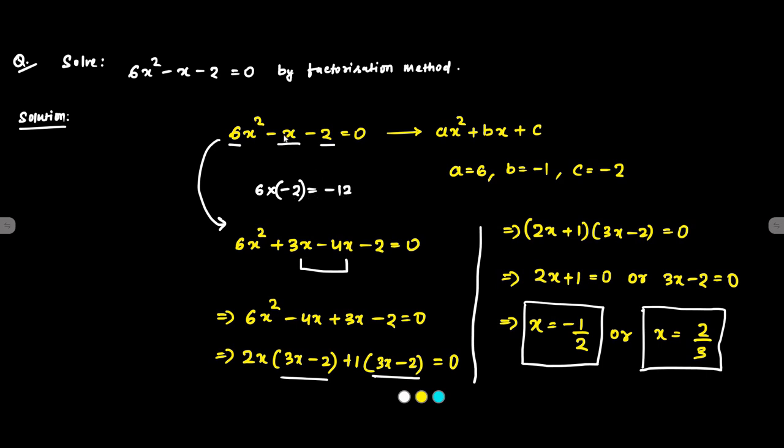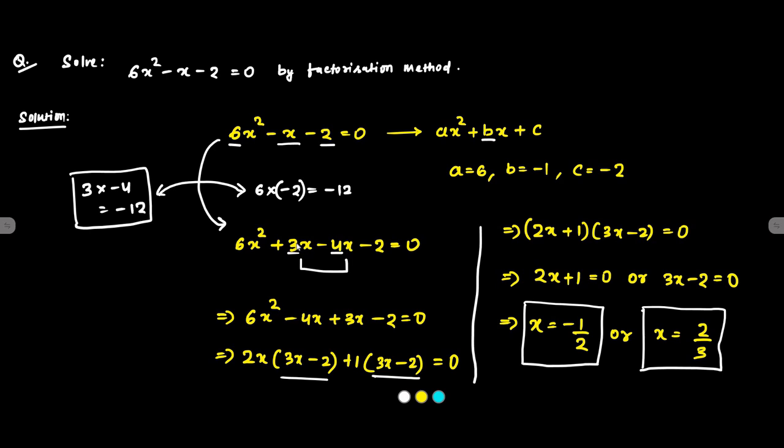Now we have to split this middle term, that is b, in such a way that the product of the two split terms, that is 3 and minus 4, is also minus 12. See, 3 into minus 4 is also minus 12, and 6 into minus 2 is also minus 12.